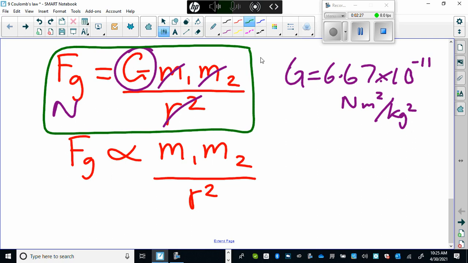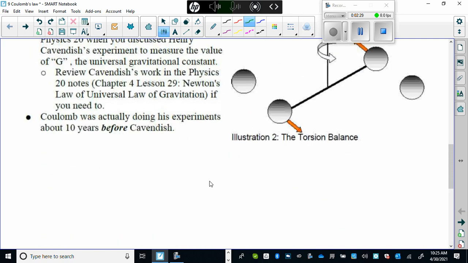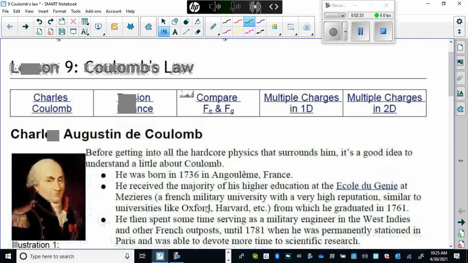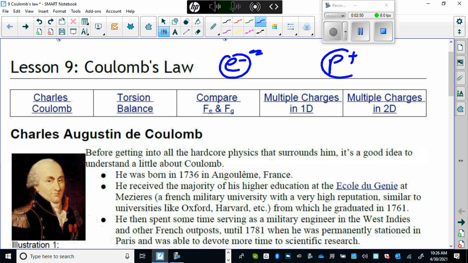So now we move up into the 18th century, and we have this guy, Charles Augustin de Coulomb, and he wanted to measure the electrostatic force between two objects. We've already determined that if I have an electron there and a proton here, they are electrostatically drawn towards each other.